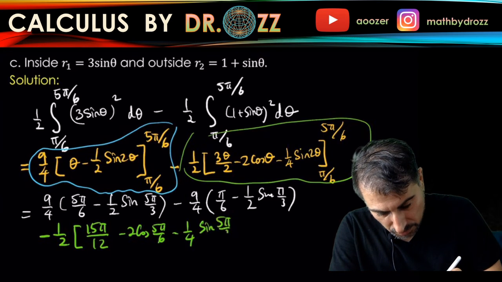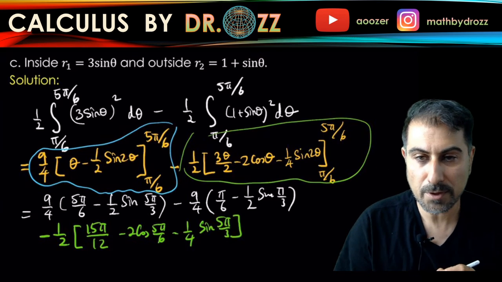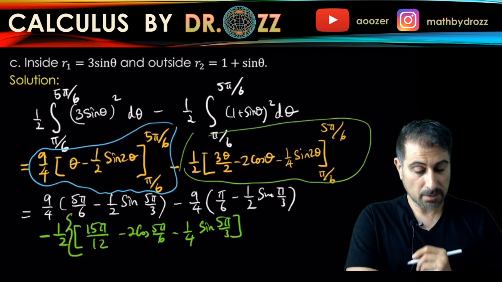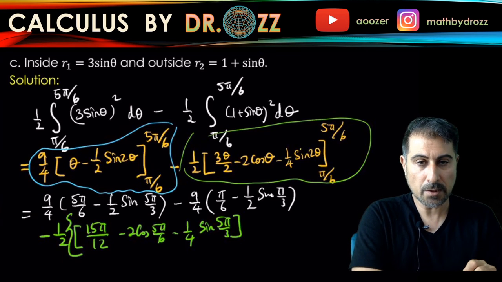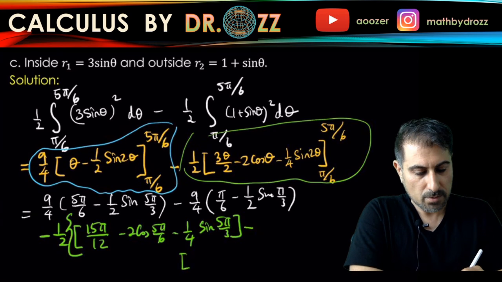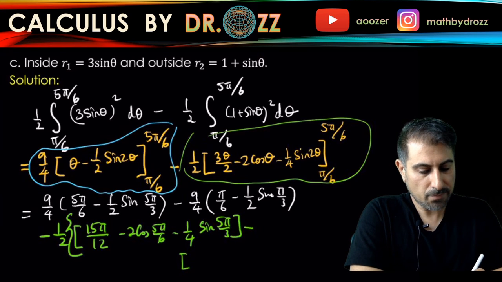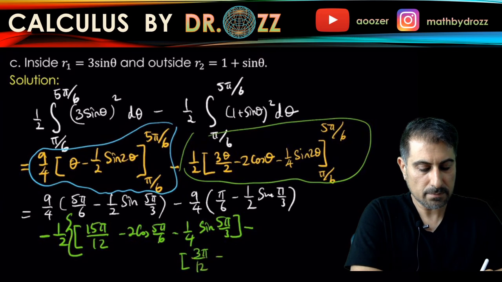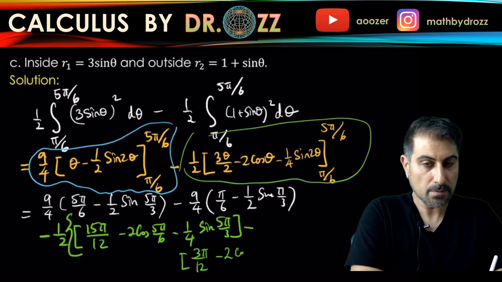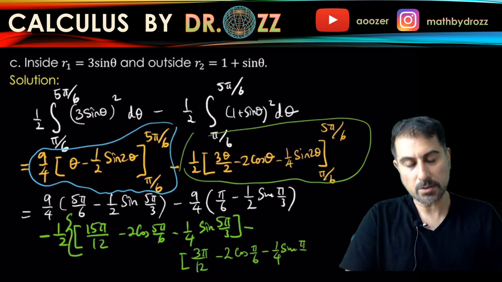I'm going to put a curly bracket over there so I don't confuse myself. Minus, still continuing, plugging in the lower limit. So pi over 6, 3 pi over 12 minus 2 cosine pi over 6 and minus 1/4 sine pi over 3. Close the bracket, close the curly brackets.